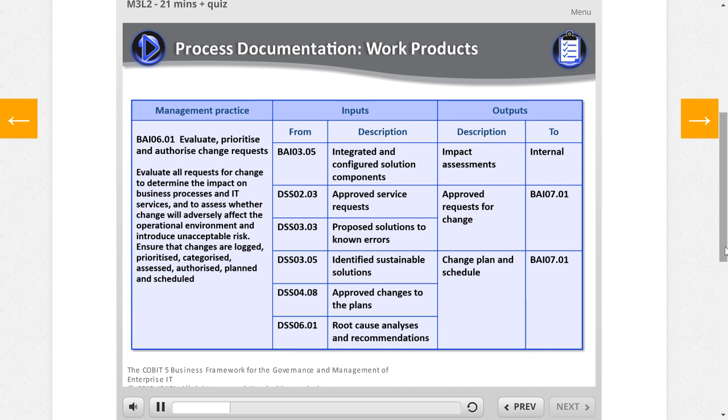Inputs often come from other processes, and outputs often go to other processes. The work products for Practice BAI 06.01, Evaluate, Prioritize, and Authorize Change Requests, is shown on your screen. You can see that the output Impact Assessments is used within the practice itself.